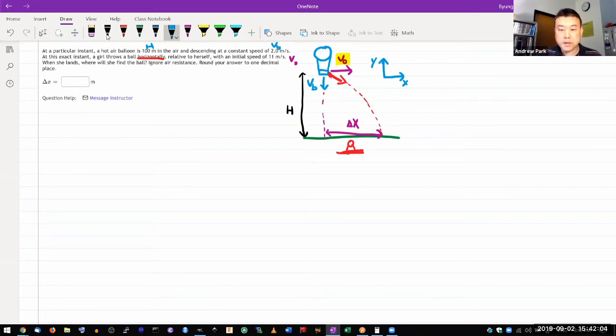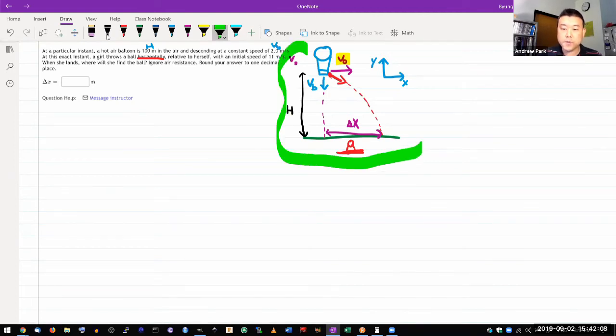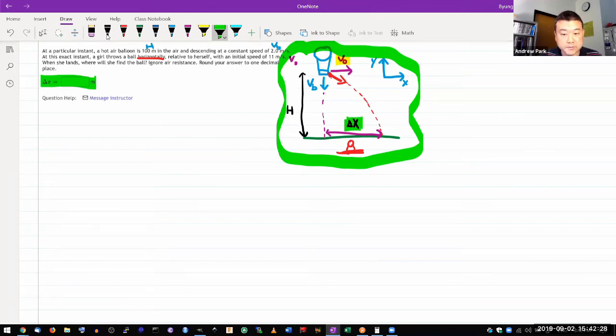As you think through this situation, you look at what information is provided and what information you are looking for. You are looking for this delta x, unknown, and that's what is actually being asked for. So what you should be thinking is, what information do I need to find this distance?